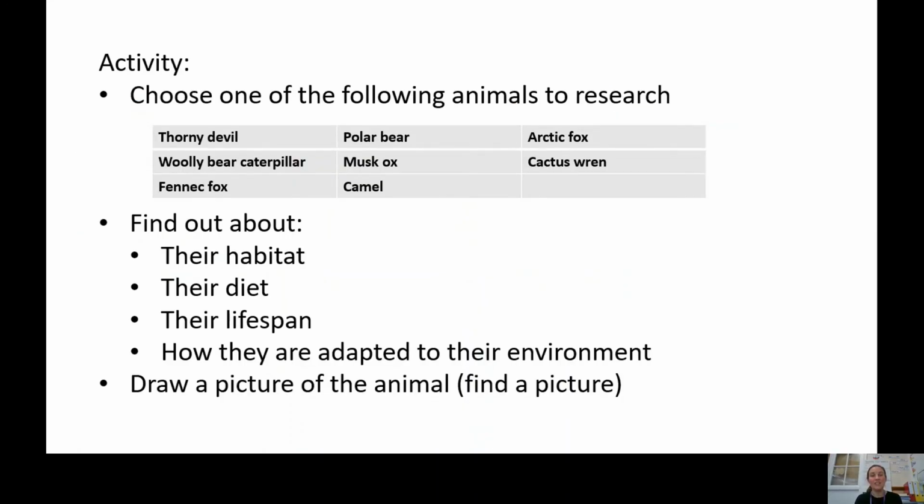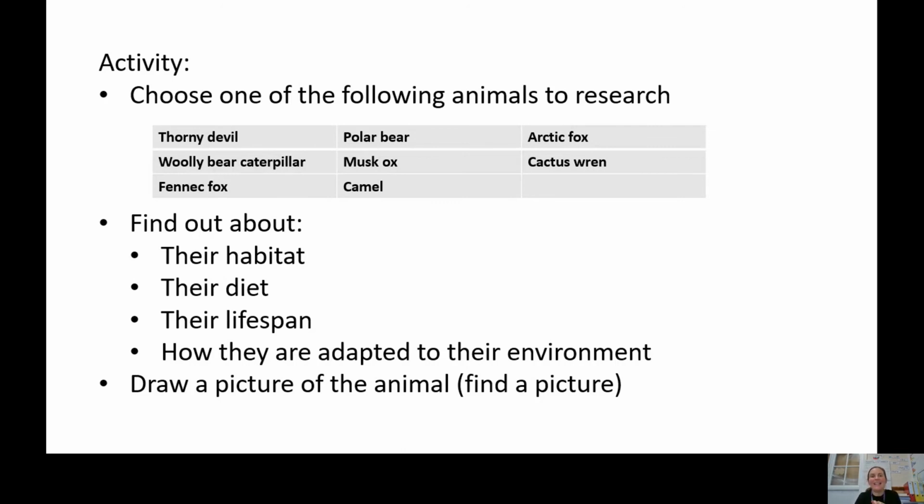This is what I would like you to do today, Year 6. I would like you to choose one of the following animals to research: a thorny devil, polar bear, Arctic fox, woolly bear caterpillar, muskox, cactus wren, which is a type of bird, fennec fox, or a camel.